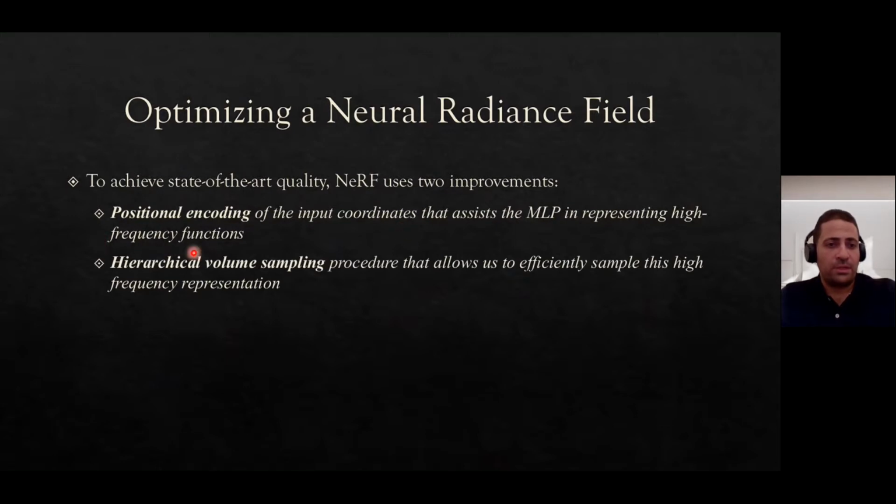The second improvement is hierarchical volume sampling, which is a procedure that allows us to efficiently sample this high-frequency representation. So we represent the inputs in higher dimensions using some encoding method, and the second improvement is how we sample from these high-frequency functions. Let's go through the details of each one.